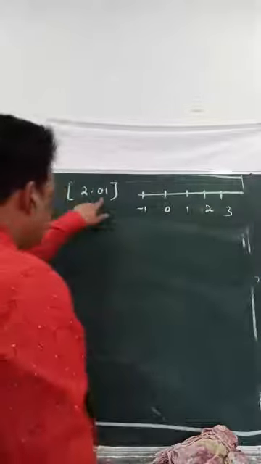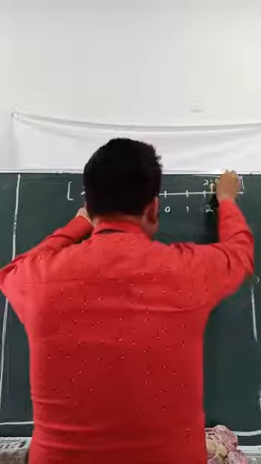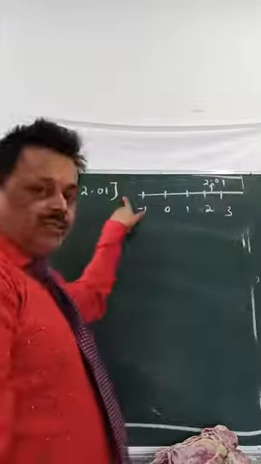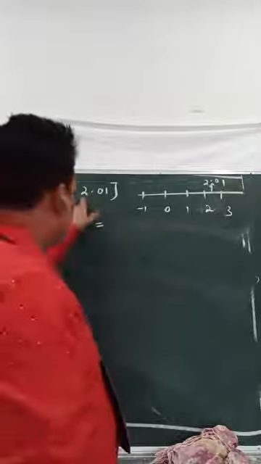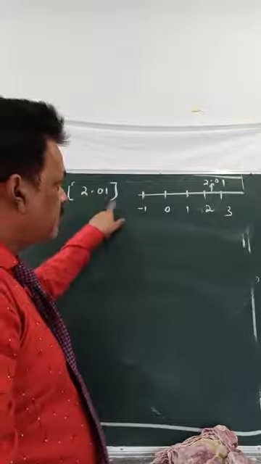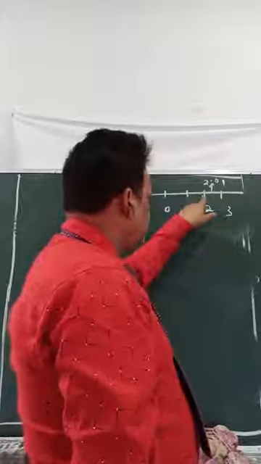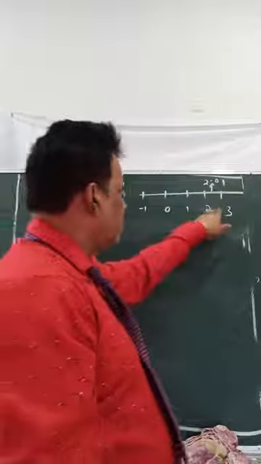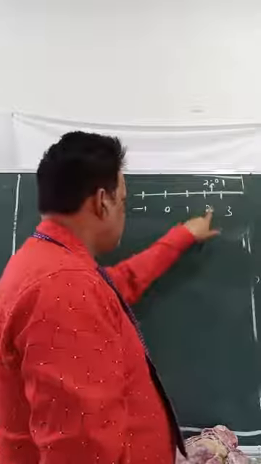So 2.01 is a number here. This will be an integer which cannot be bigger than this, which means this lies between 2 and 3. If I take 3 for this, that will be wrong because 3 is bigger than this value. So obviously this value will be 2.